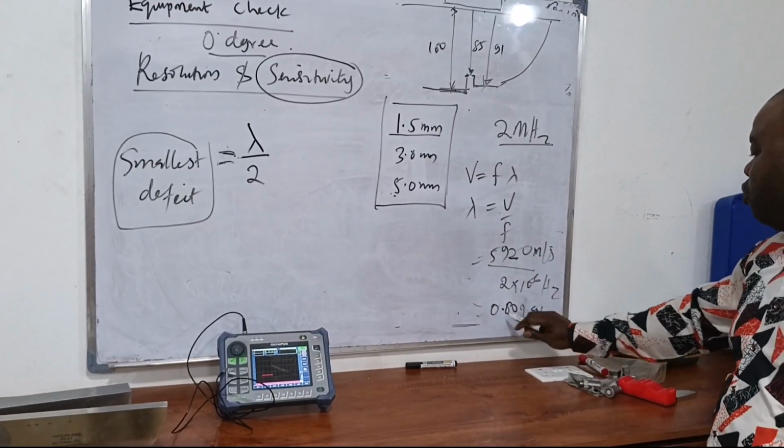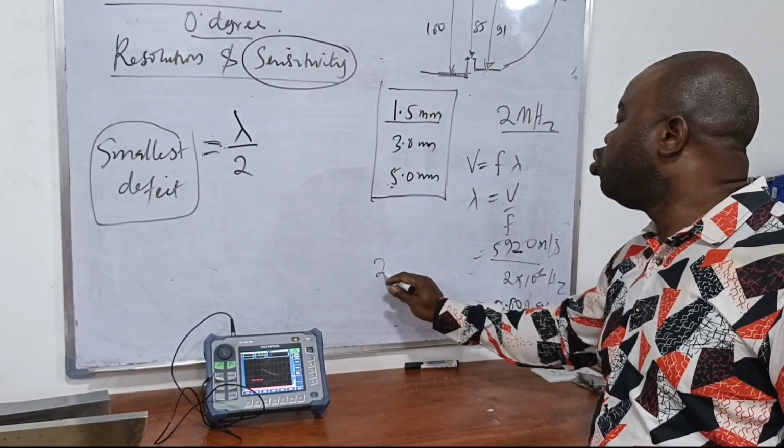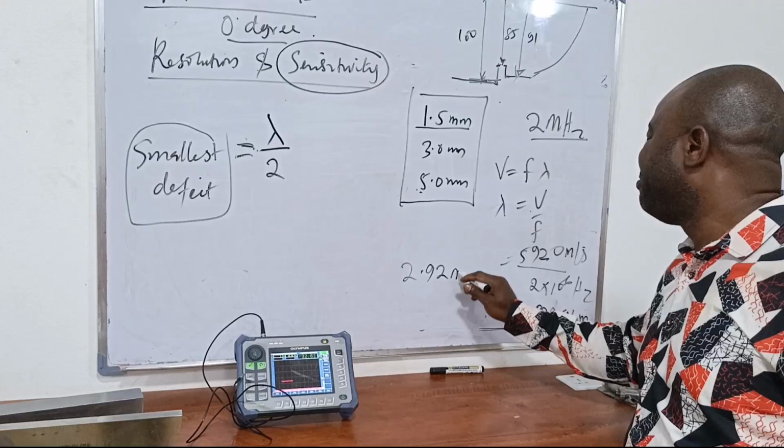So that will give you 0.00296 meter, which is 2.96 millimeter.